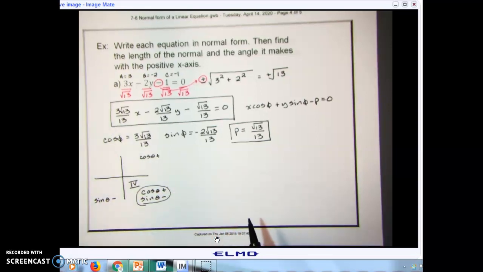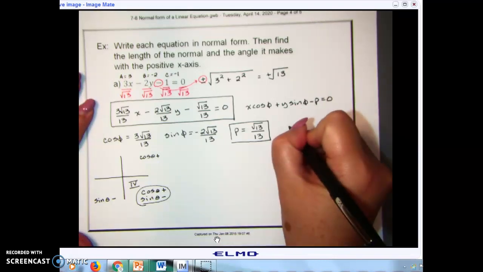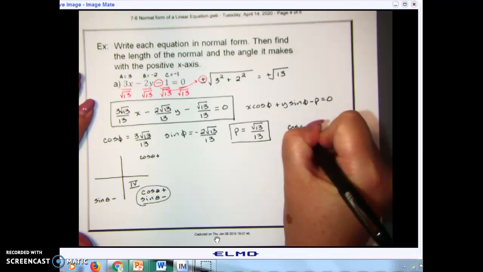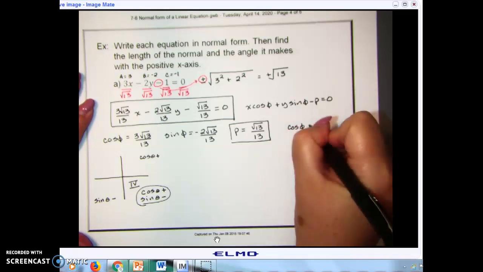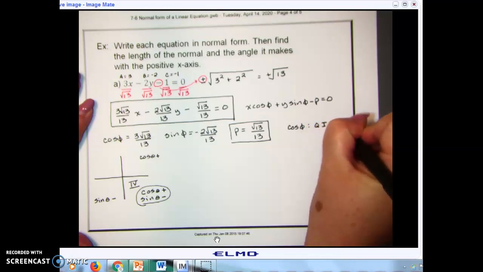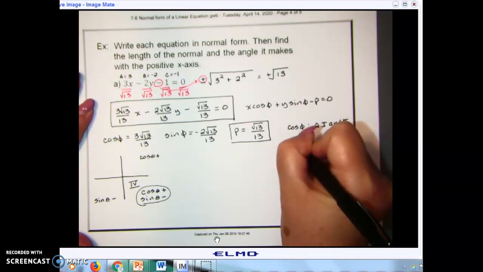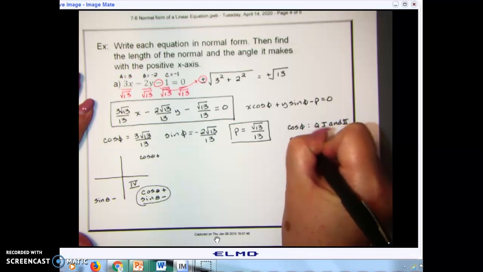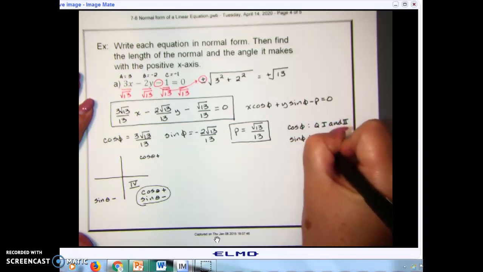So then our next question is, which function is defined in quadrant 4? So let's remember back. We have cosine of theta, or phi, is defined in quadrants 1 and 2. And then sine of theta, or phi, is defined in quadrants 1 and 4.